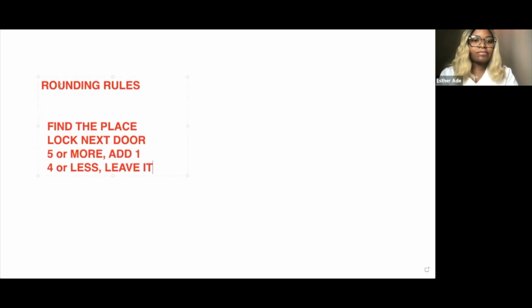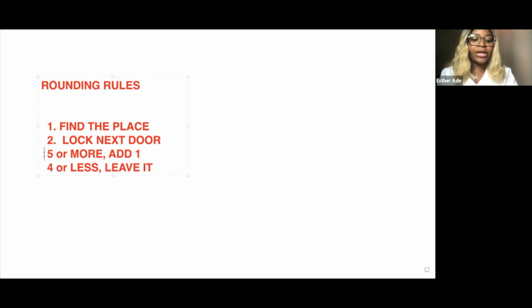So there are four rounding rules that I want us to pay attention to. We're gonna talk about that. So rounding rules, and there's four of them. The first one is you want to find the place. Second, you want to lock the door to the nest. You want to lock the nest door.